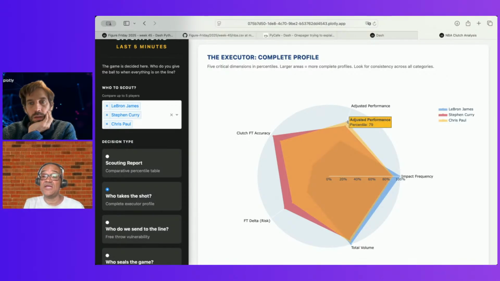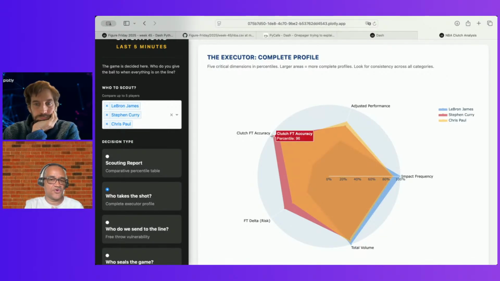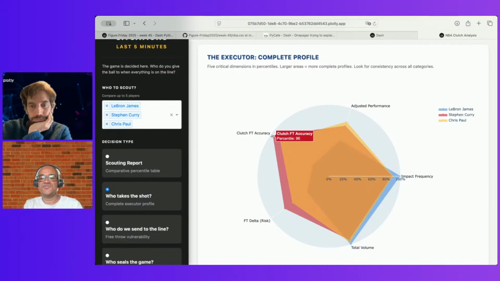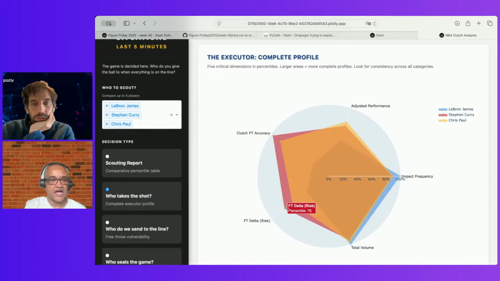They are basically equal for Chris Paul and Stephen Curry. That is not the case for LeBron. Why the similarities between Stephen Curry and Chris Paul? They are guards.